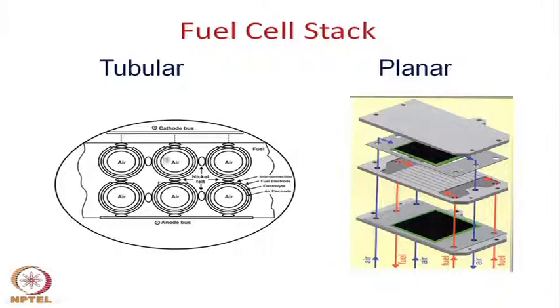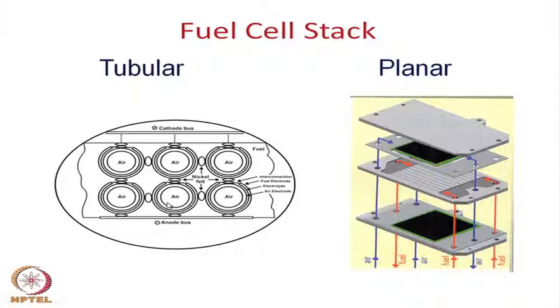So, vertically it is a series circuit, whereas horizontally it is basically a parallel circuit, because the anode is connected to the anode and here also the anode is connected to the anode. So, the overall power system will consist of a large number of series and parallel connections of individual tubes, and that is how a stack is produced.